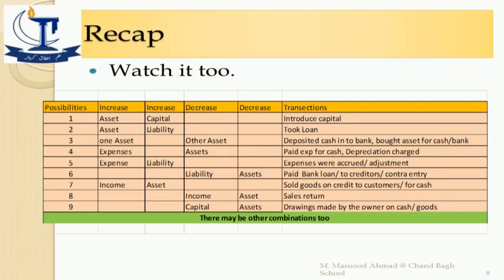In each possibility you can see one thing: there are two aspects in every transaction. One is increasing, the other also increasing; one is decreasing, the other also decreasing; one is increasing, the other decreasing; one is decreasing, the other increasing. So there are many combinations of all this.